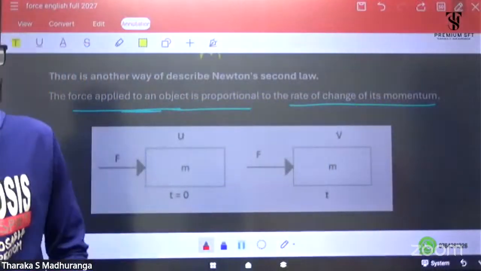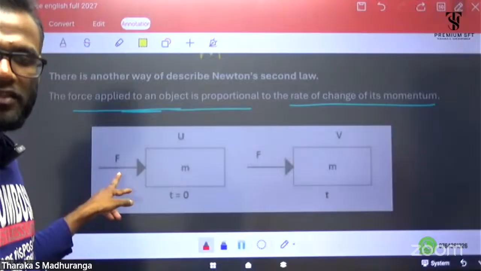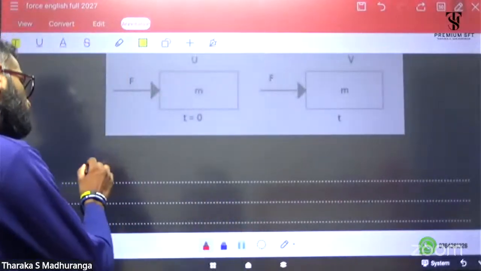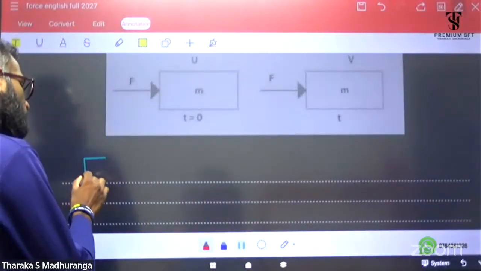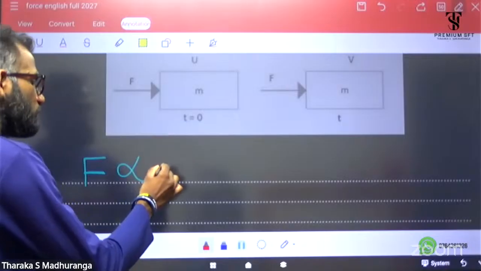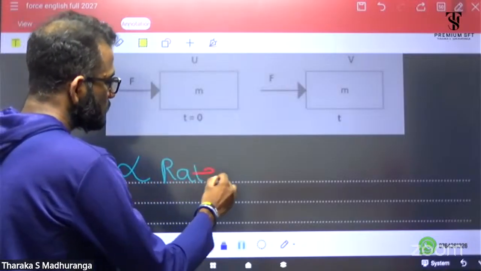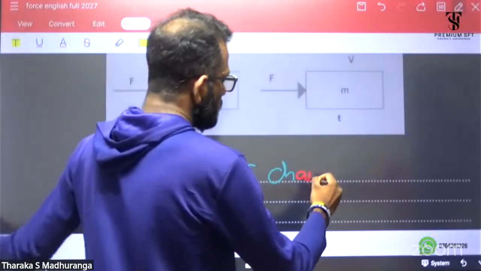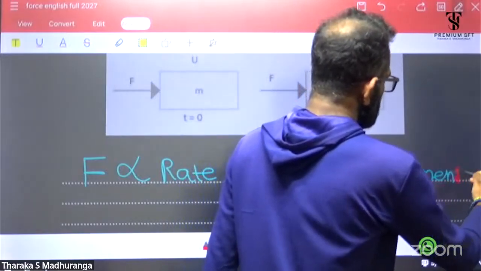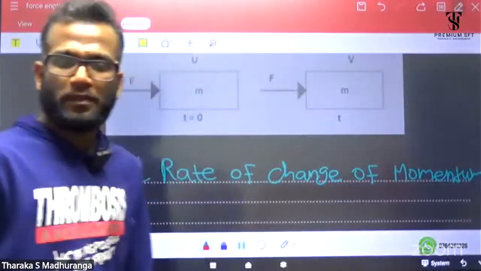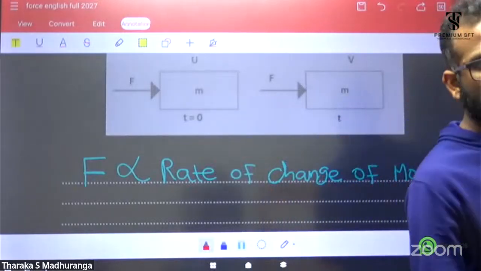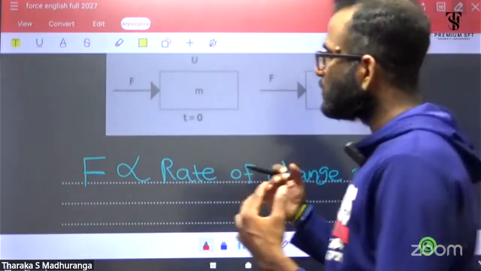The applied force on any object, the unbalanced force F, is directly proportional to the rate of change of momentum. This is Newton's second law in the second way. This is the theory.